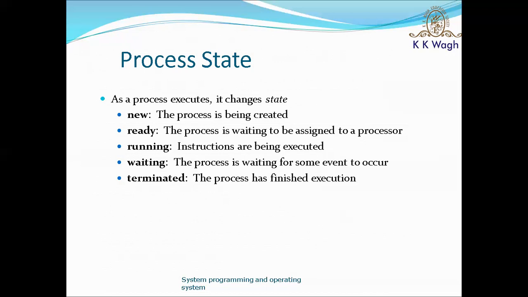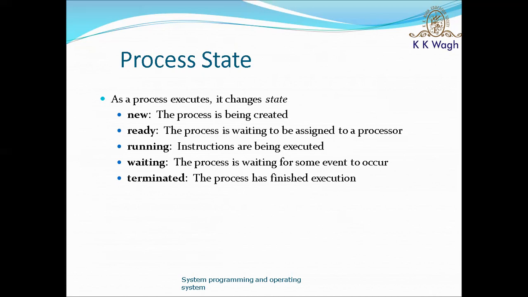Suppose, for example, a process Pi is said to be in a state Si if Si is an appropriate description of Pi's activity. So the fundamental states are: running, which means a CPU is currently allocated to the process and the process is in execution.